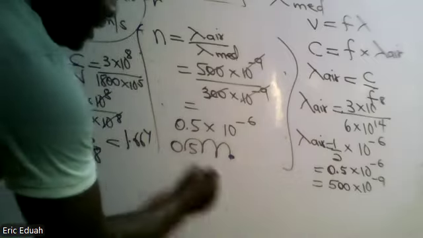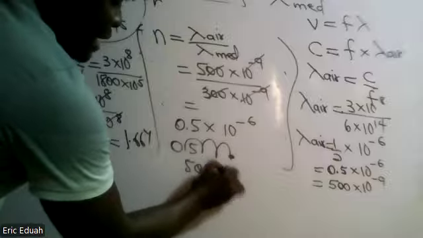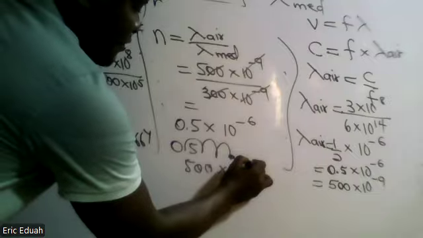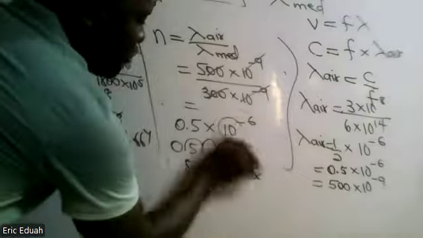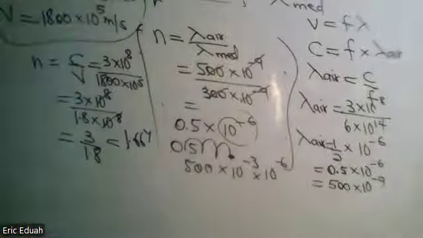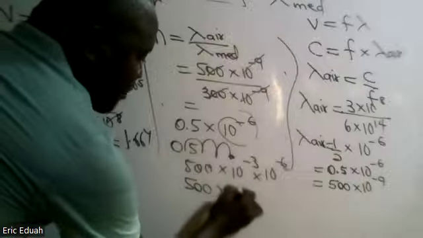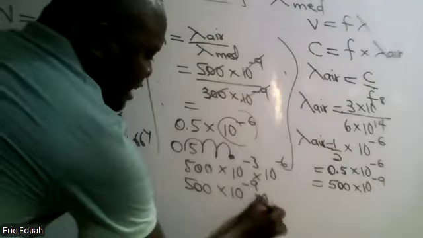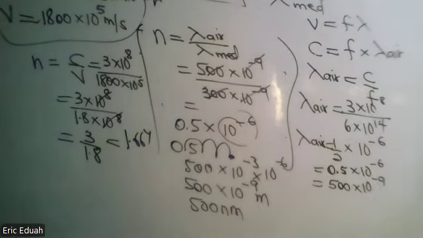So when you move it 3 times, you have 500 times 10 to the power negative 3, times the already existing 10 to the power negative 6. So this will add up to give me 500 times 10 to the power negative 9 meter, and this is what we are calling 500 nanometers.